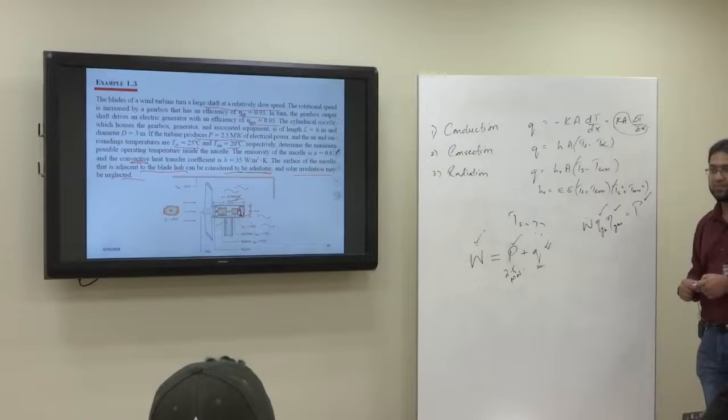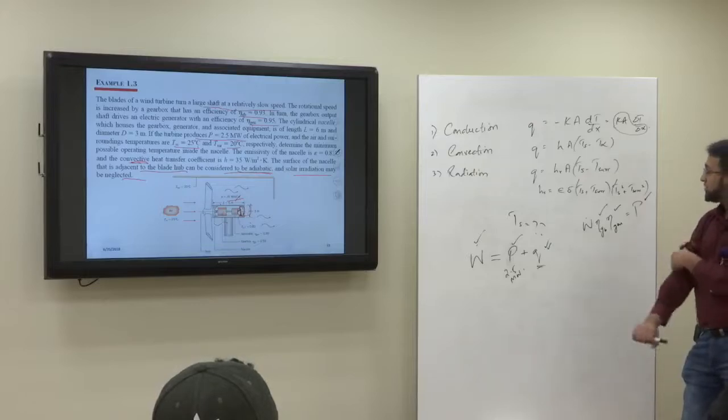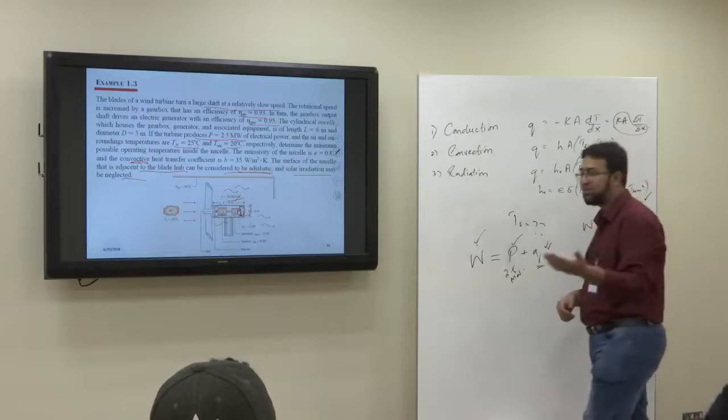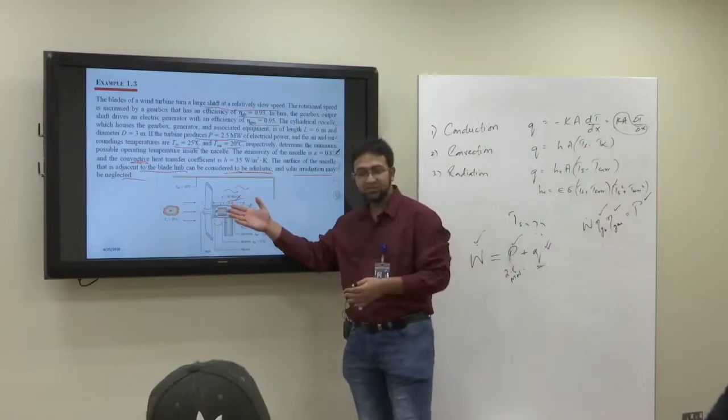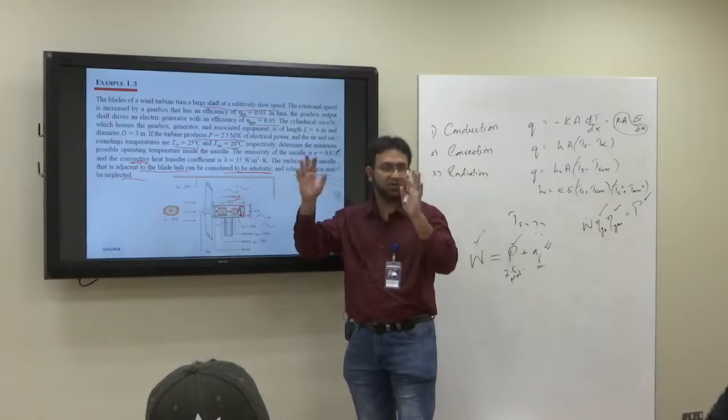Okay, is it clear? So now we know Q. Now one thing is very clear, this Q is the heat generated within this nacelle, and it will obviously be radiated and convected out.